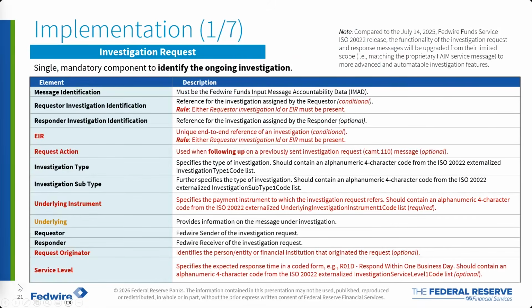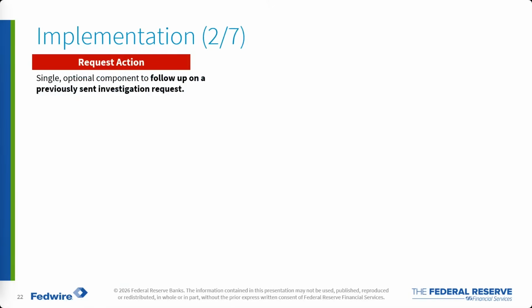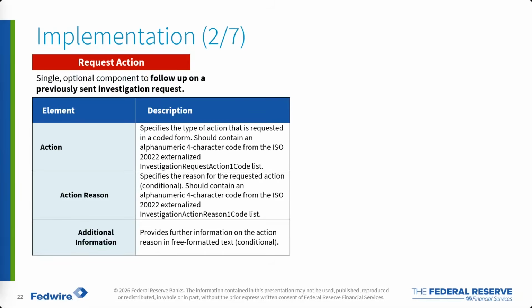Now let's have a look at the request action component, which is a new component, single, optional, to follow up on a previously sent investigation request. Now that is an important point for this component. You will only use this component when you're following up on a CAMT 110 investigation request that you sent previously.